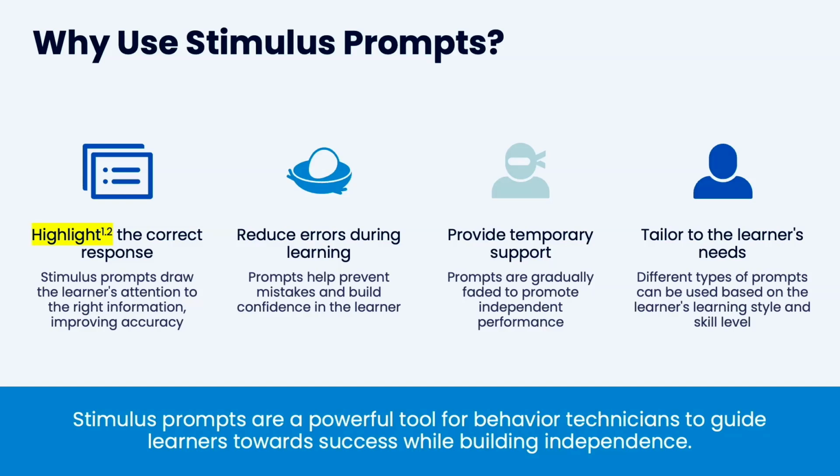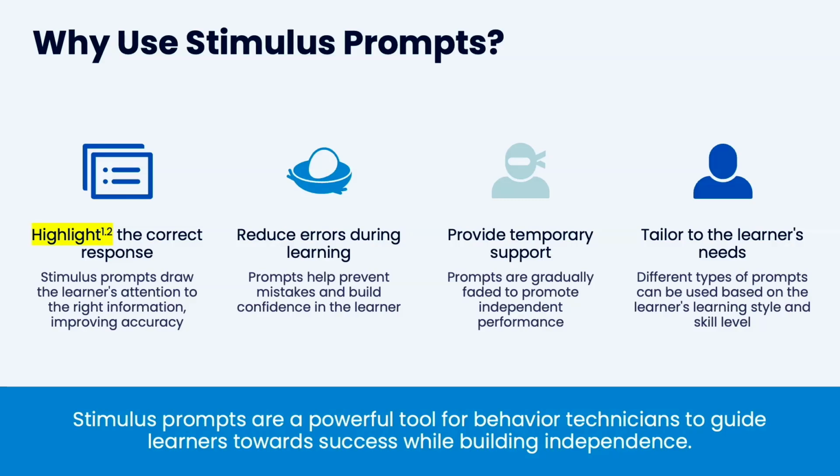And we're going to tailor the prompt to the learner's needs. It's funny, you'll find that different learners like different prompts. They respond better to some prompts, and others respond better to other prompts. You're going to learn, oh, this is the way this individual likes being prompted. Occasionally, kids love all prompts, and those are the ones that get most prompt dependent.